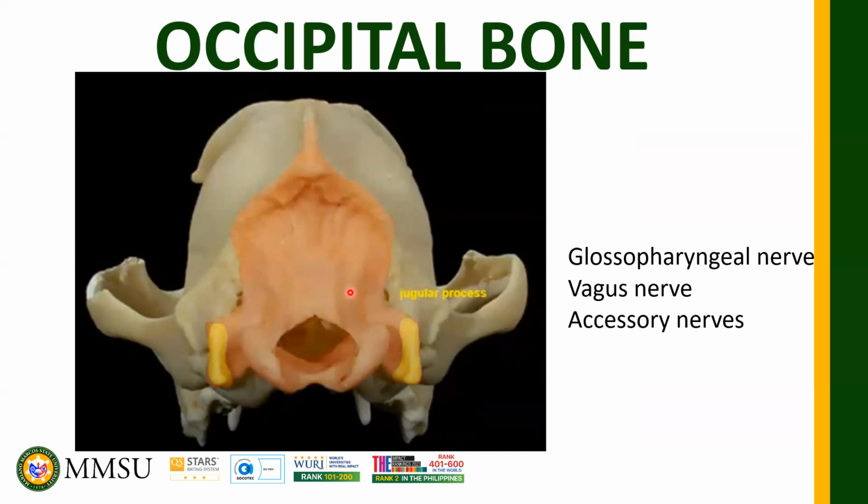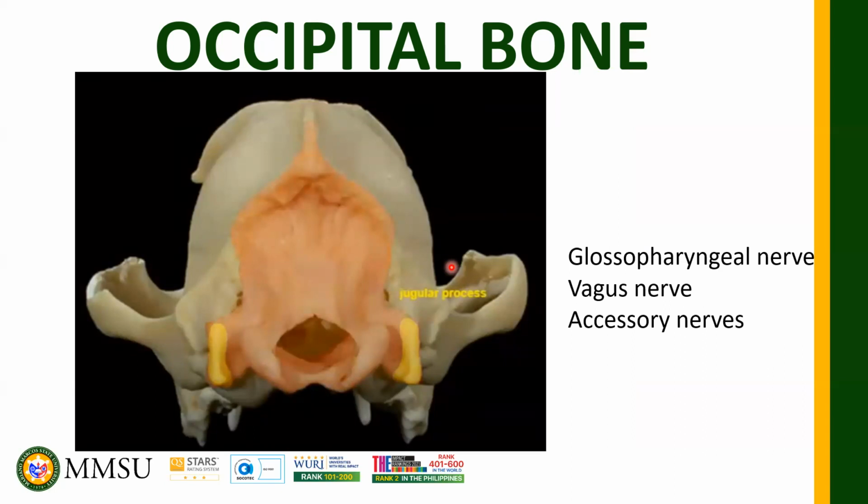Okay? Parang hina-house niya yung jugular foramen, which is usually a canal or opening through which the internal jugular vein passes. Okay? So etong mga jugular veins na to, these are usually major blood vessels that carry the oxygenated blood from the head, from the neck, and then brain back to the heart.